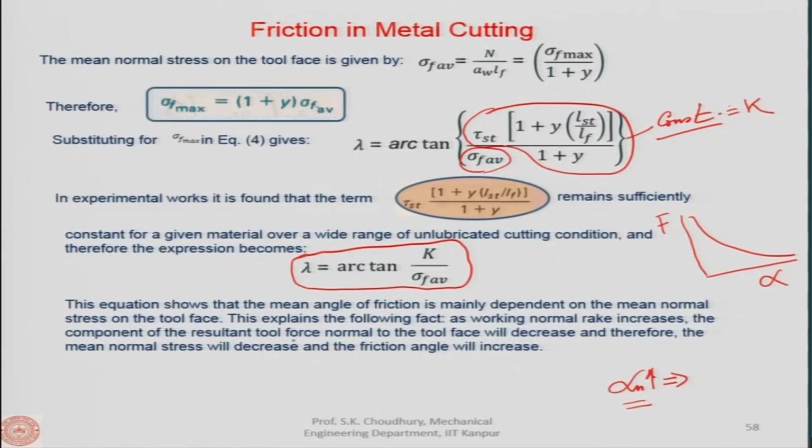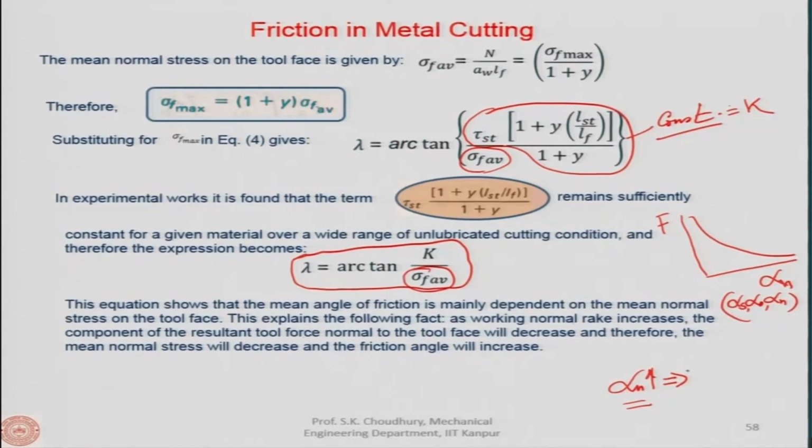So, that is what we are saying: as the working normal rake increases, let us say this is n, because I said to you that this can be side rake, orthogonal rake, or normal rake. As the normal rake increases, the component of the resultant tool force normal to the tool face, Fn, will decrease, and therefore the mean normal stress will decrease, and the friction angle will increase.